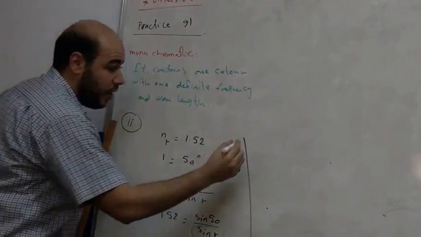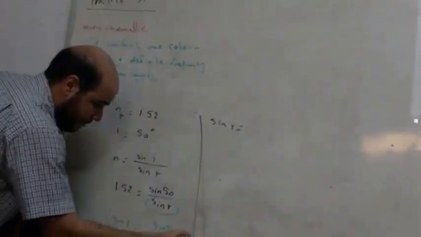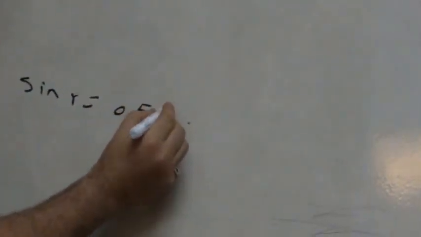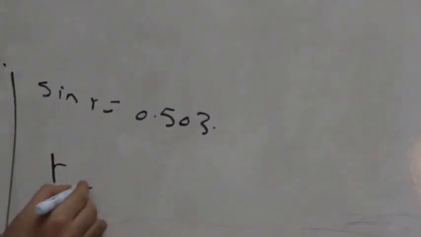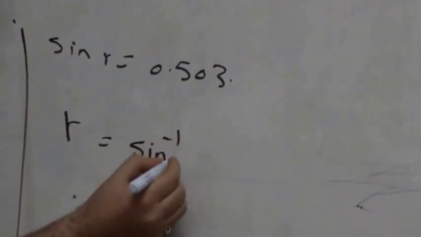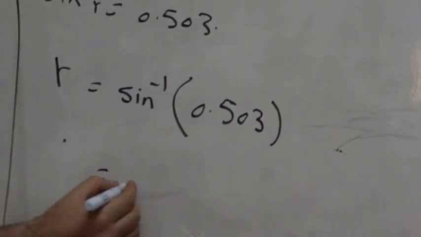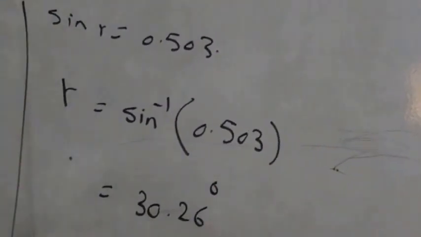Sine r, by using calculator, will be 0.503. So if I want the angle itself, I will shift sine, the inverse operation of sine. So the final result will be 30.26 degrees. So this is the angle he wants.